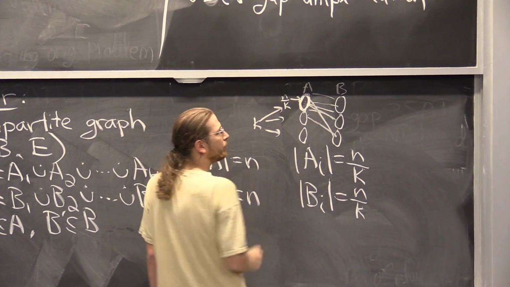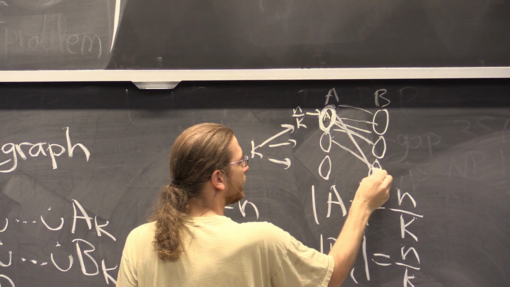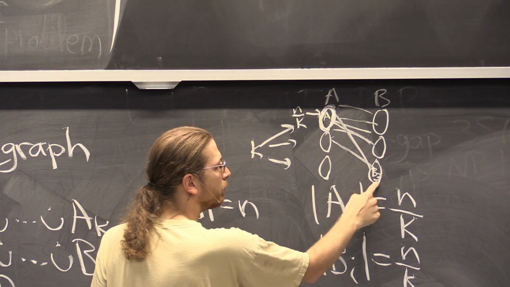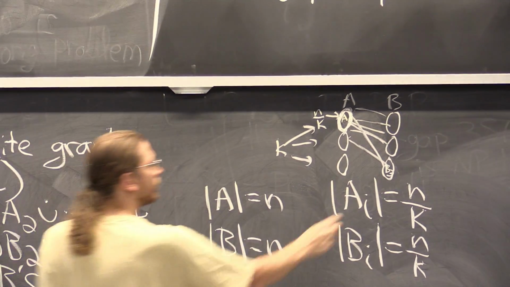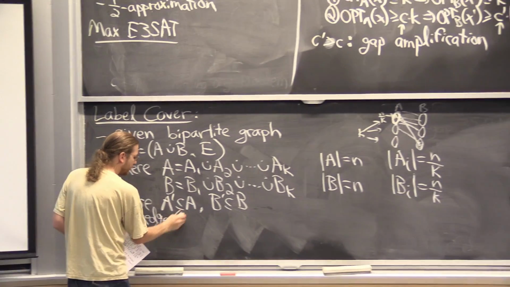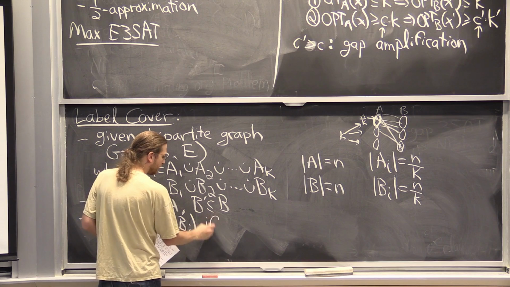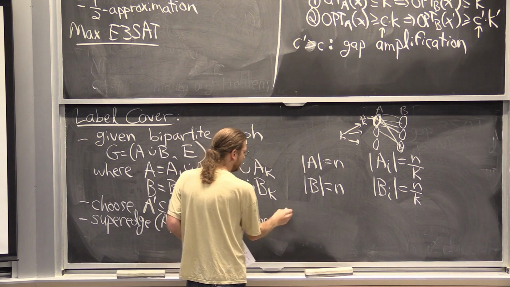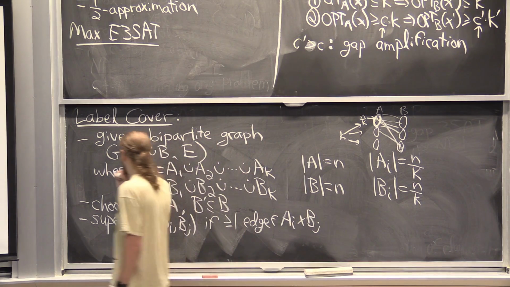Imagine contracting each group to a single vertex. So this is A1, this is B3. I want to say that there's a super edge from the group A1 to the group B3 because there's at least one edge between them. If I squashed A1 down to a single vertex and B3 down to a single vertex, I would get an edge between them. So a super edge A_i B_j exists if there's at least one edge in A_i cross B_j, at least one edge connecting those groups.